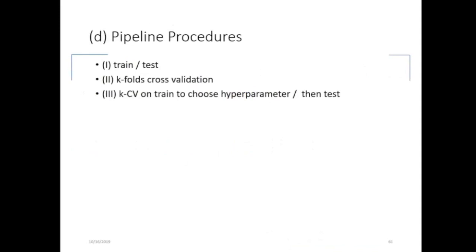How do you select them? You do grid search. You try all the possible values of those hyperparameters, using cross-validation on the train set to pick the best combination of hyperparameters.